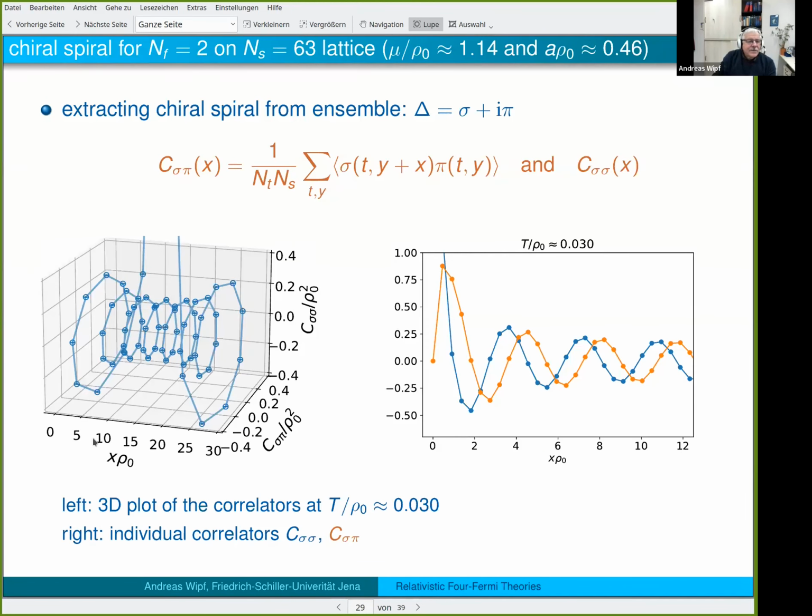So that is what is shown here. Here's the x coordinate, here's the sigma-pi correlator, the sigma-sigma correlator. And what you see again is this structure, this sort of chiral spiral. And this is now even at 2 flavors, so a very, very small number of flavors. On the right, you see the 2 correlators individually. And so there seems to be, again, an inhomogeneous structure.